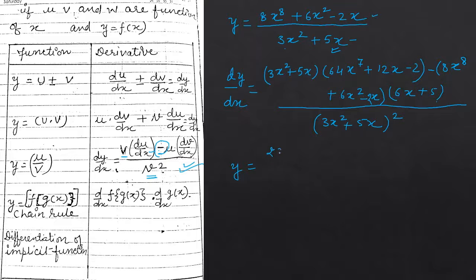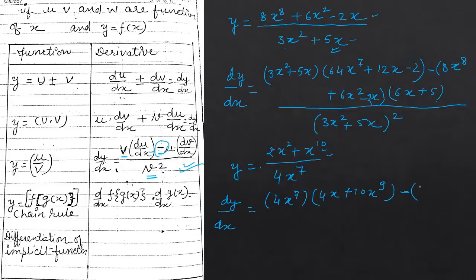If y equals (2x² + x¹⁰) upon 4x⁷, then dy/dx will be equal to 4x⁷ multiplied by the differentiation of this term, 4x + 10x⁹, minus, let's write this term as it is, 2x² + x¹⁰, and the differentiation of this term will be 28x⁶.